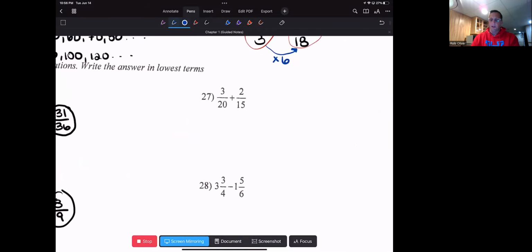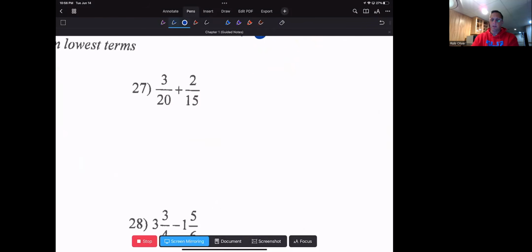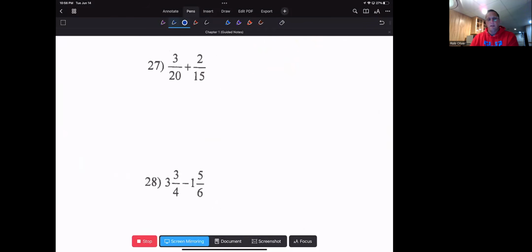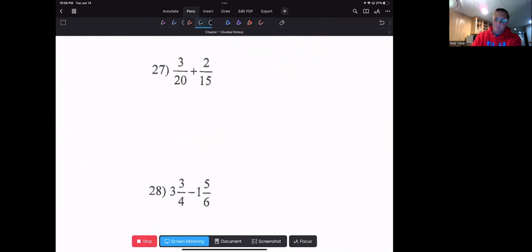All right, now moving on to number 27. On number 27, the LCD of 20 and 15 is 60. So you have 60 there. For 3/20, that changed by a factor of 3, because 20 times 3 is 60.